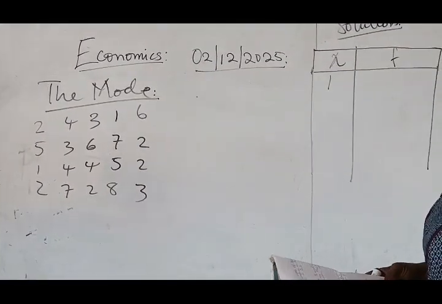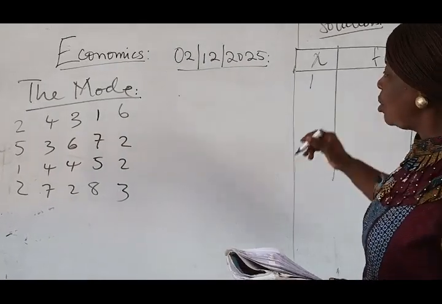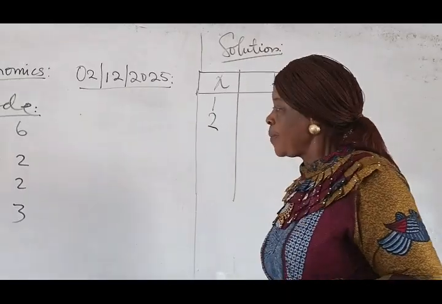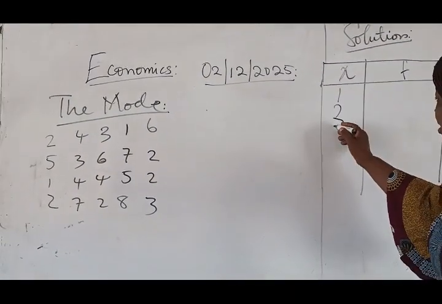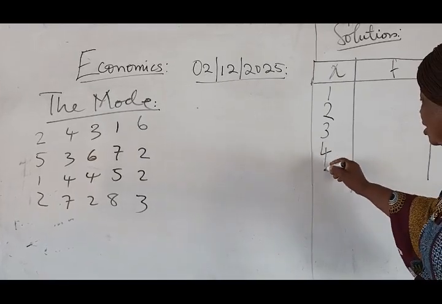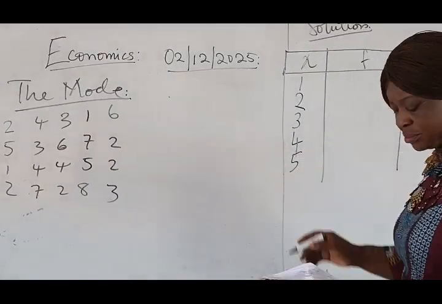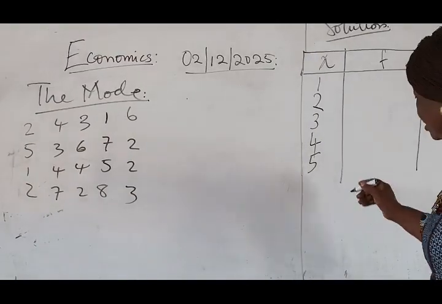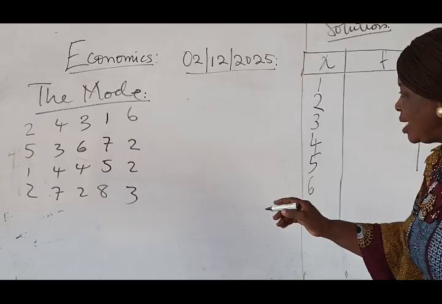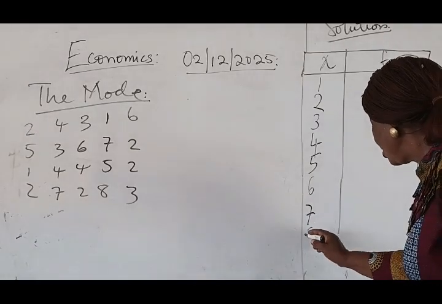And find out the highest number. The highest number there is 8. So after 1, do we have 2 in the distribution? Yes. After 2, do we have 3? Yes. After 3, do we have 4? Yes. We also have 5, 6, 7, and the highest number, 8.